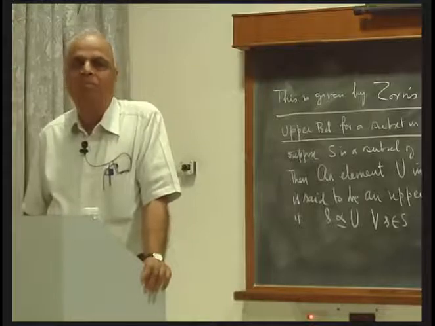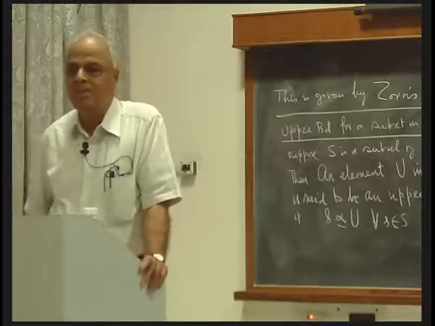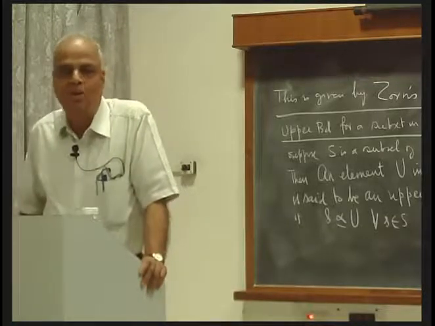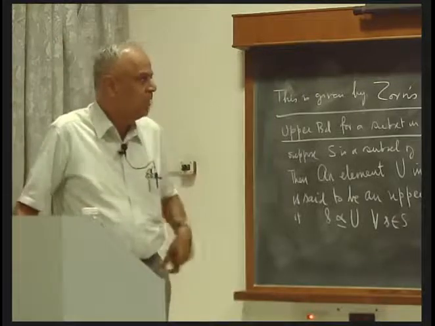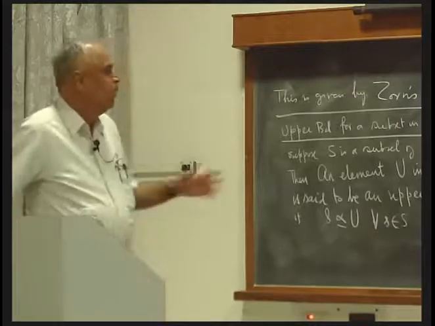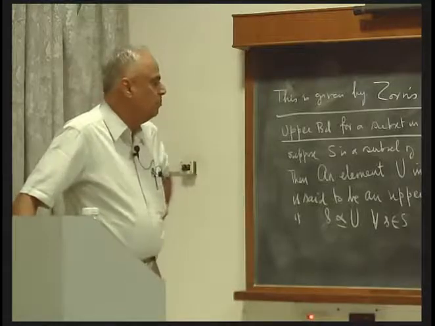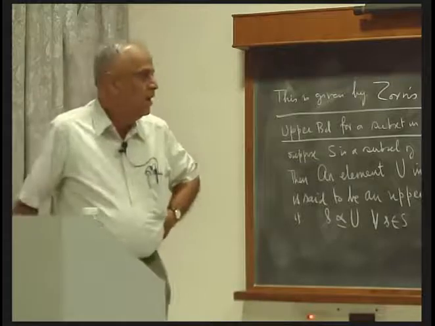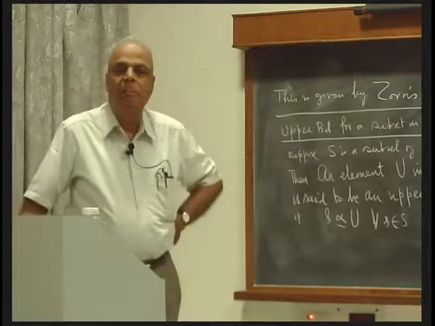In fact, once I gave special 7 lectures to prove the equivalence of all these statements of Zorn's lemma. I am not going to do it because time is short. It was more relaxed in those days. So what I will do in the next class is link all these things to Zorn's lemma and maximal elements, and then give you the various equivalent versions, at least some hint of it.